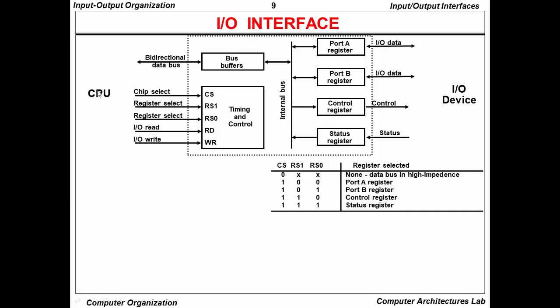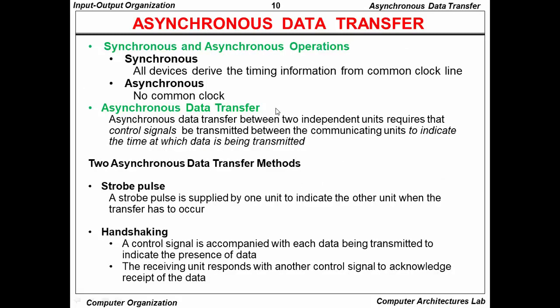When the CPU issues an input command, the control register receives this input command from the CPU. The interface then transfers the data from one of the registers to the bidirectional data bus, and the CPU receives that data from the data bus.